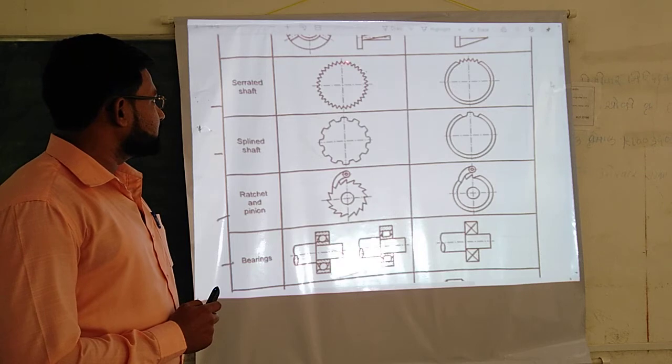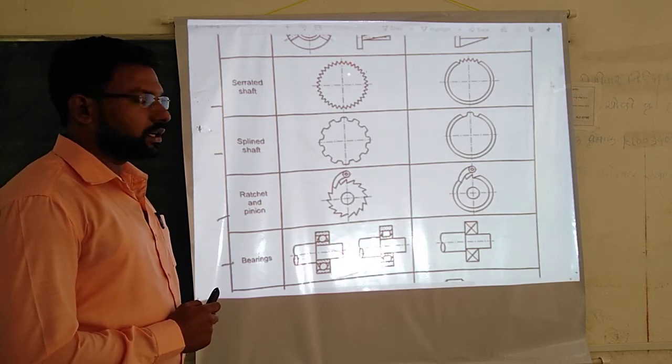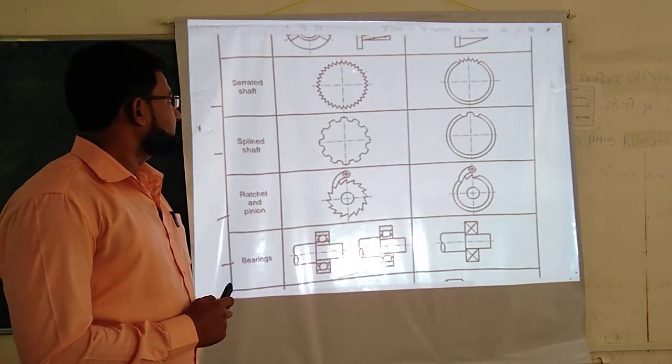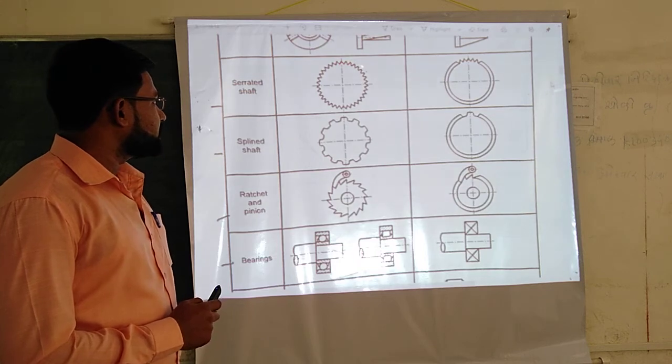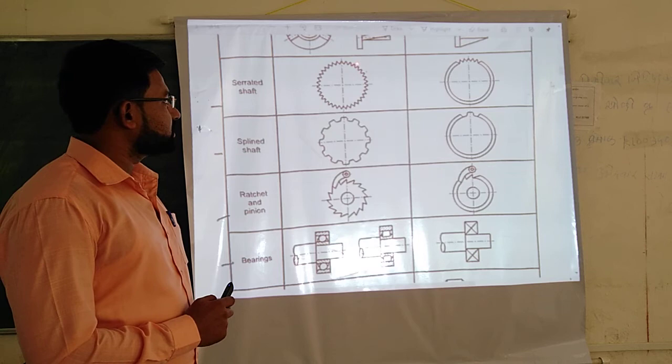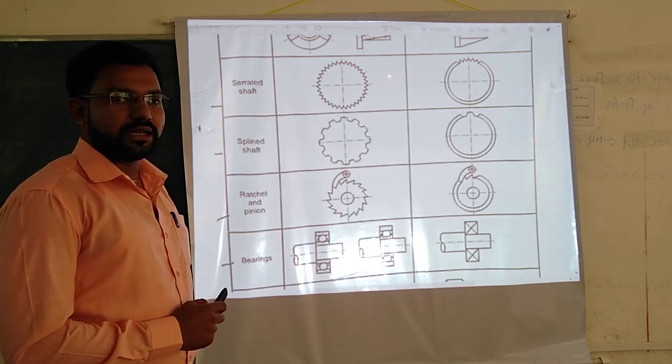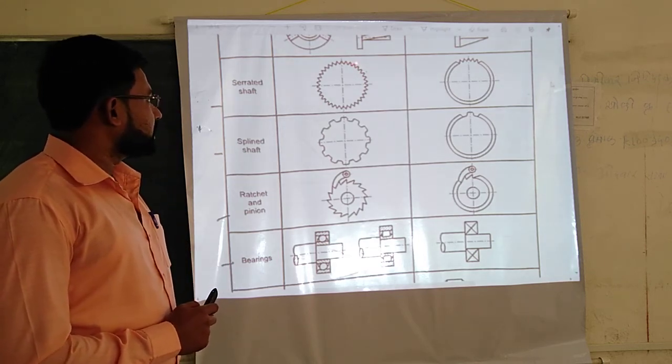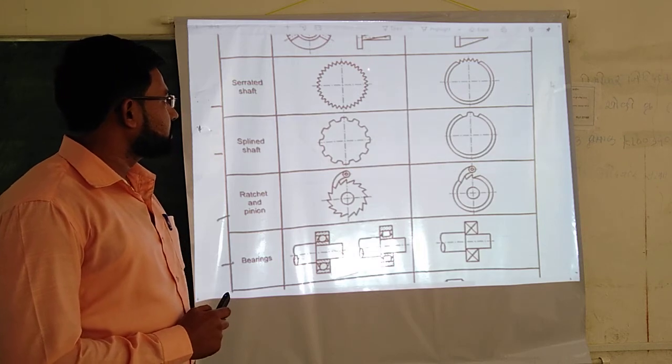These are the serrations. If you observe gears, on gears this profile, that is serrations, is provided. These serrations are provided because they will engage into another feature, that is another serrated shaft.